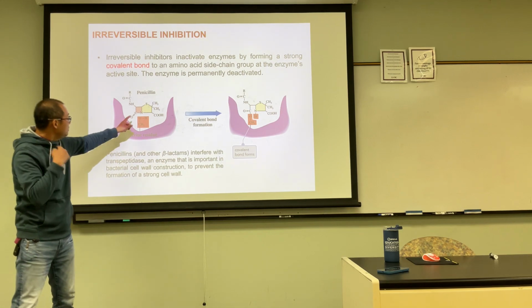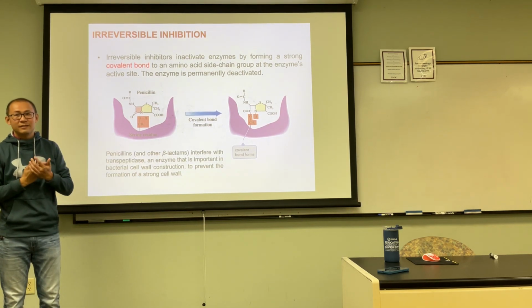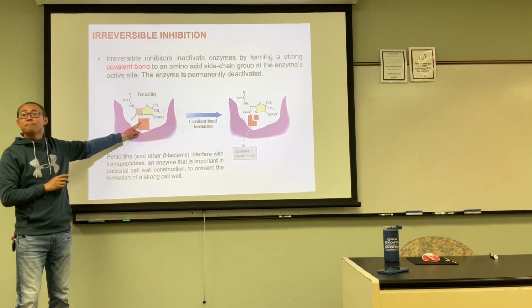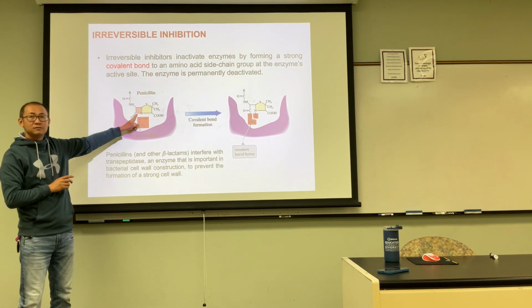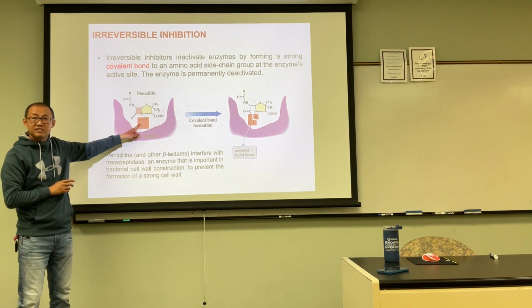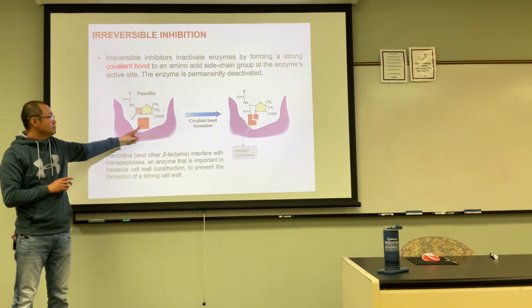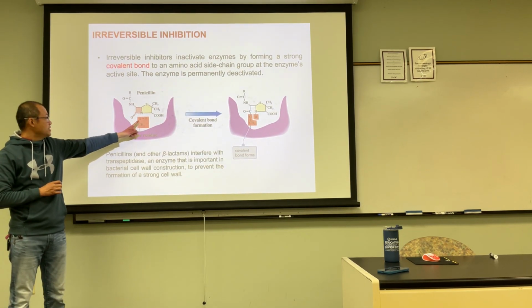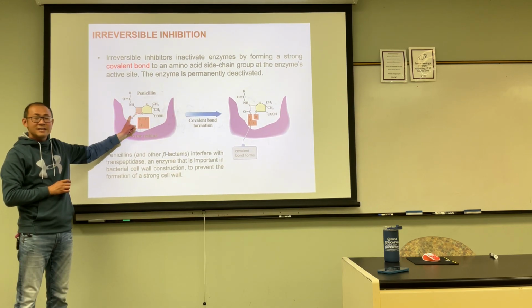But penicillin, the antibiotic, makes a covalent bond with the amino acid serine on the active site of this bacteria enzyme. Okay, you actually have seen this bond. You can actually understand this reaction. This is the amide bond. You guys see that? CO-N.